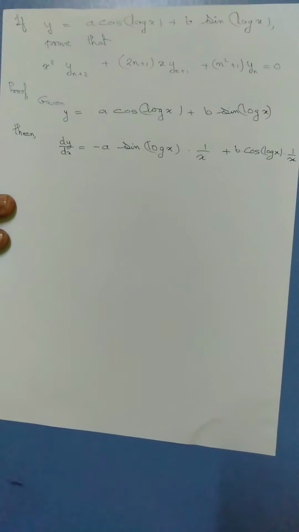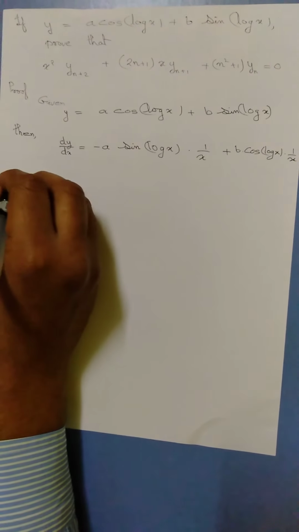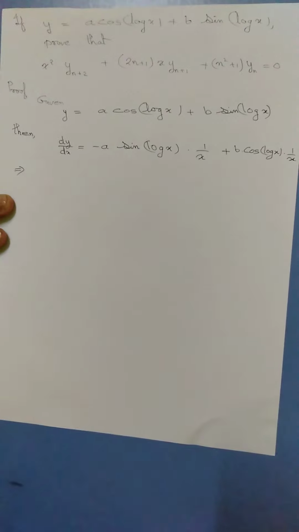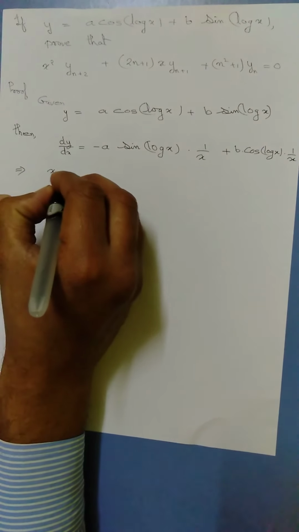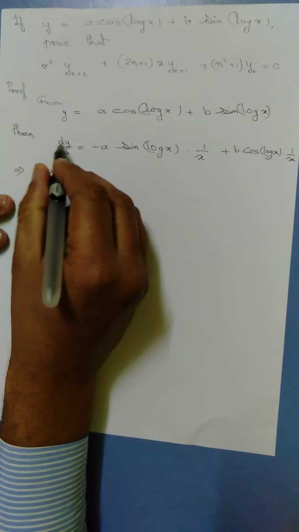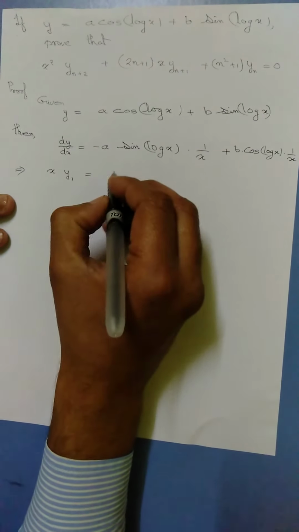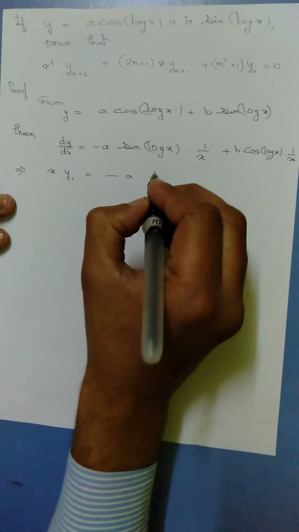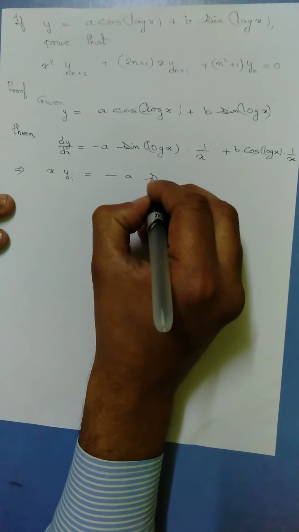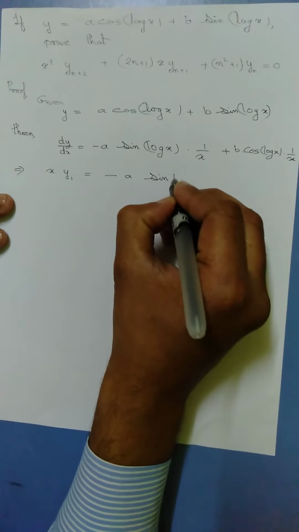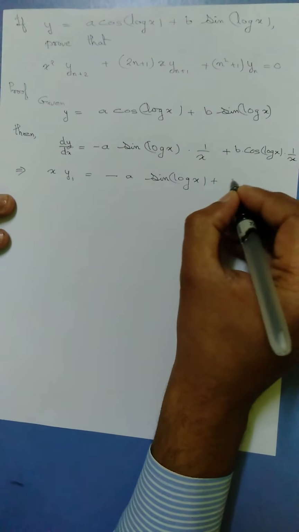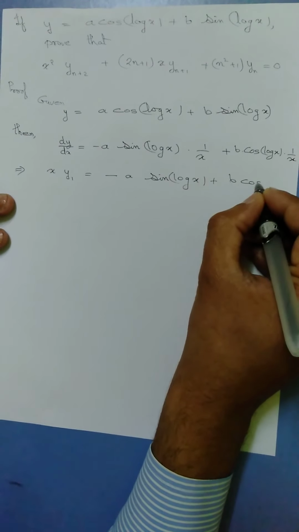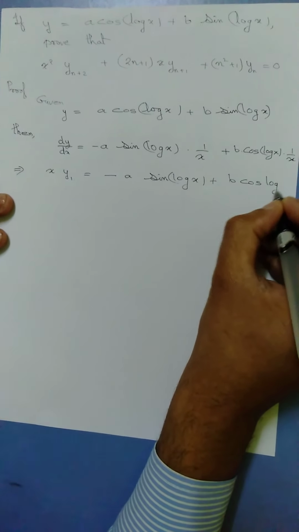Let's take x to the left hand side, so we multiply by x throughout to have x into y1. y1 is nothing but the first derivative of y, dy by dx. I can write it as y1 equal to minus a sine log x plus b cos log x.